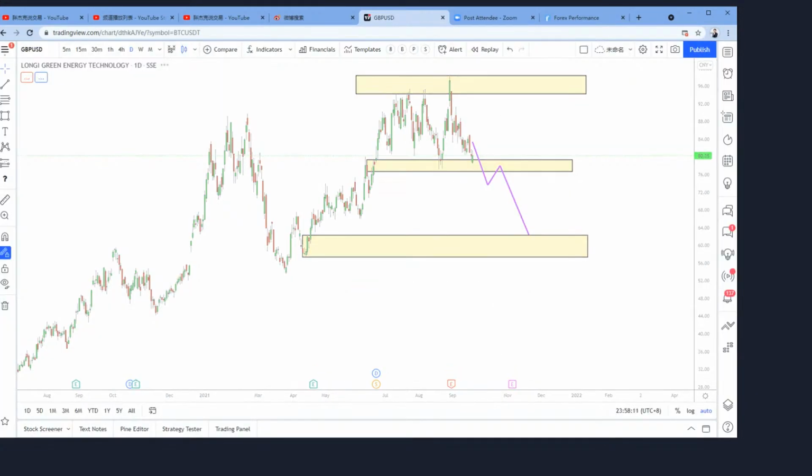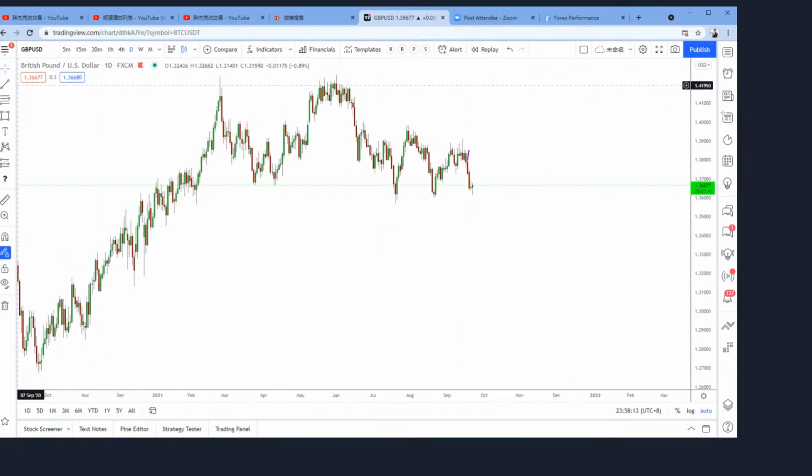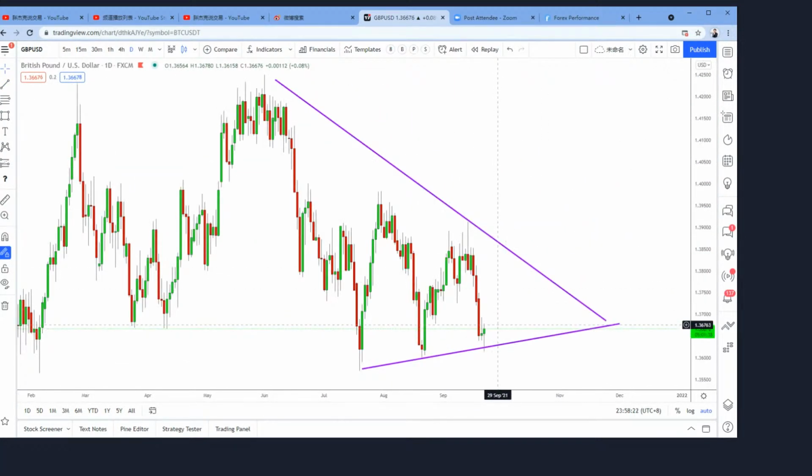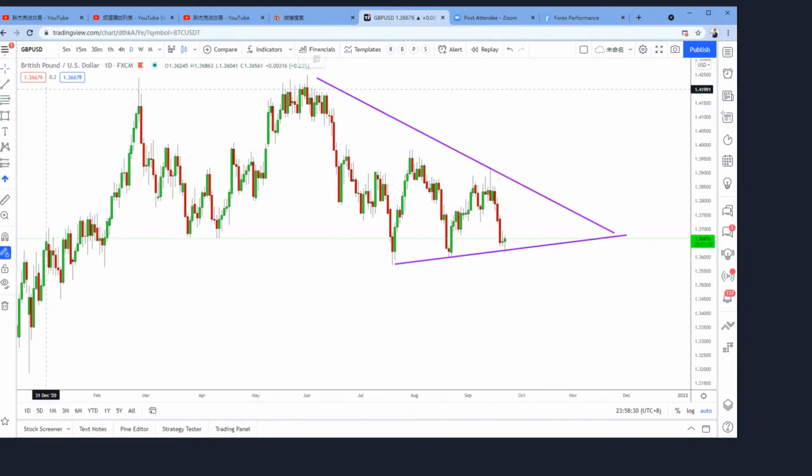Okay, starting. Sterling dollar is at a very critical area. Today, if the FOMC meeting fails to break sterling down below 1.36, go buy it. We already have the first touch, second touch, third touch.